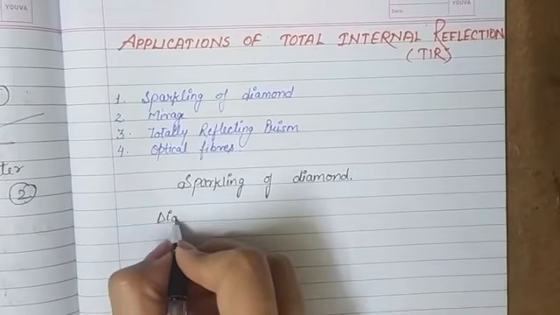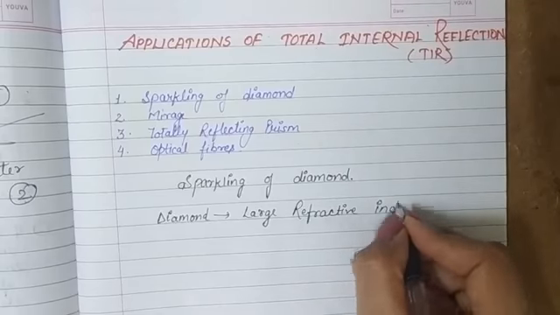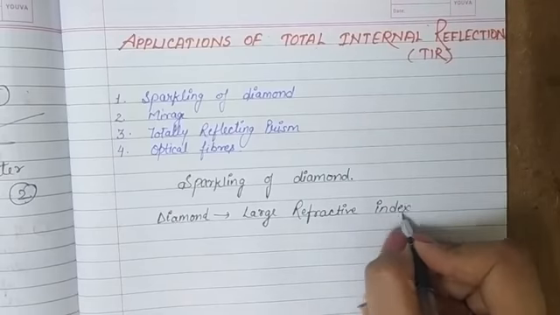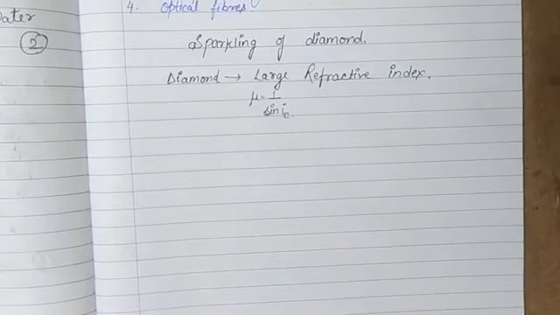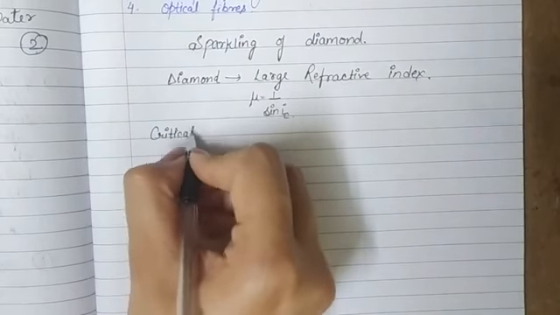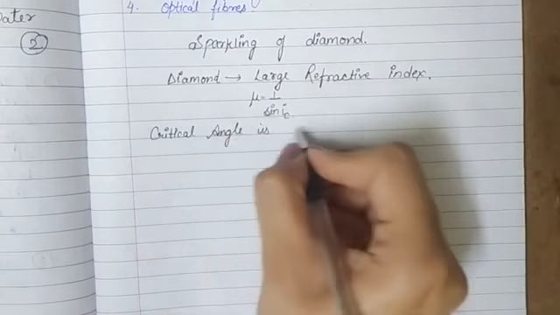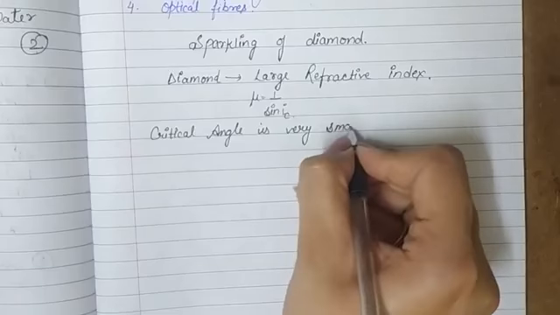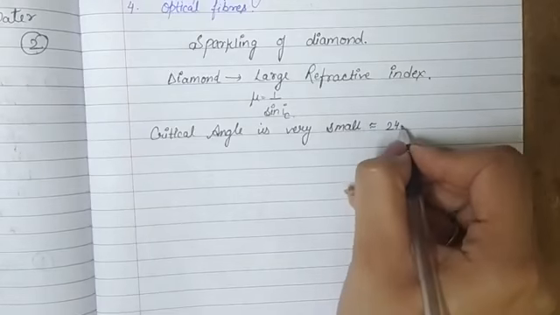Since we have proved that the refractive index is inversely proportional to the critical angle, as we know the relation mu is equal to 1 upon sine IC, where IC is the critical angle and mu is the refractive index, diamond has a large refractive index, and because of that its critical angle is very small, approximately 24.4 degrees.